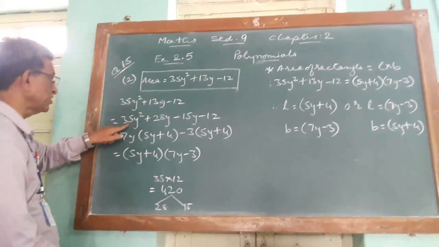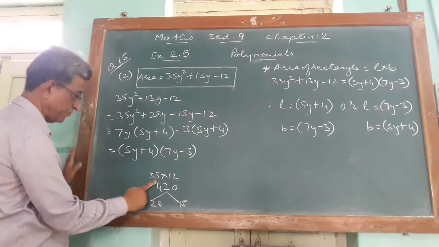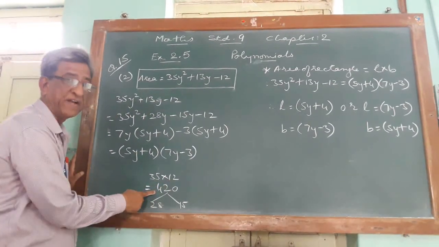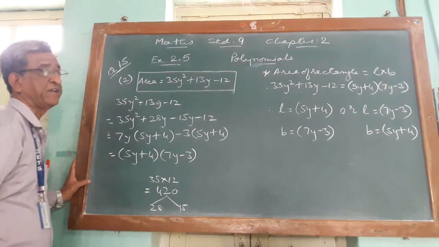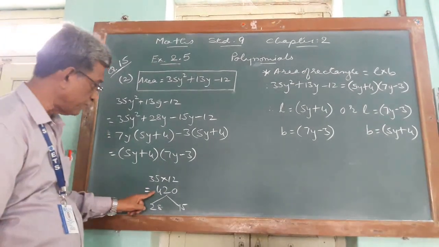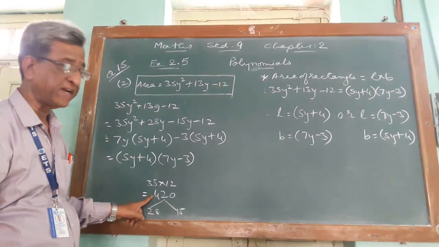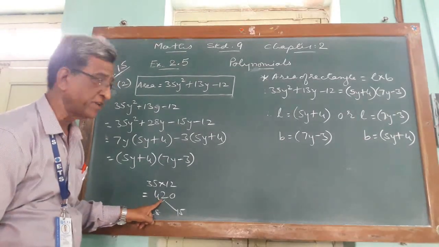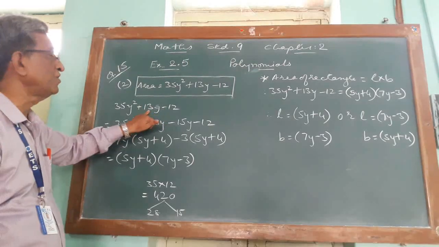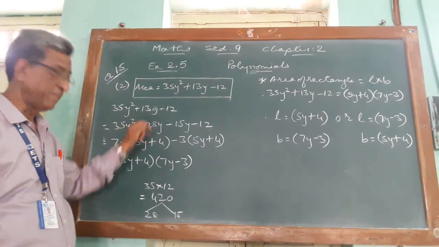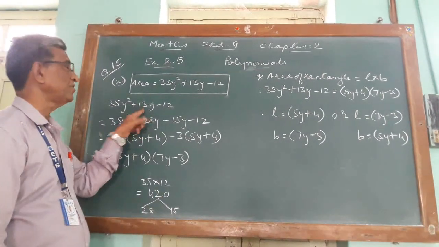Multiply these two, 35 into 12, which gives you 420. Now find the factors of 420 so that multiplication is 420 and subtraction is 13.